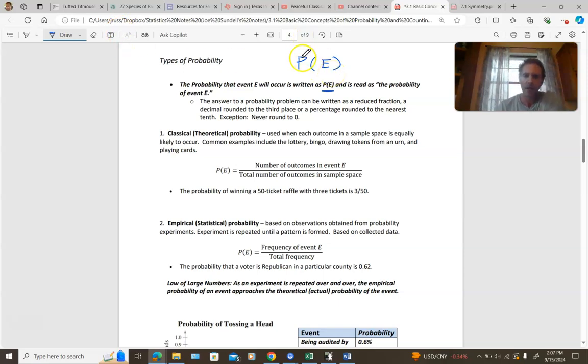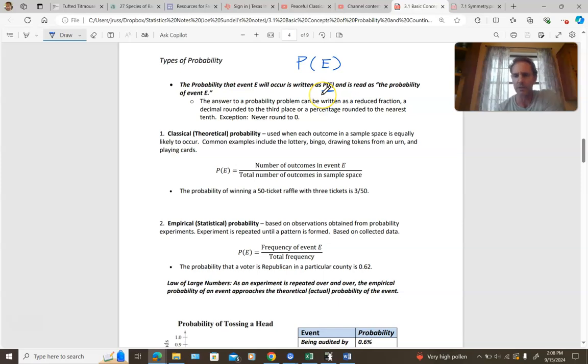So we write it like this: capital E denotes some event that we're interested in finding its corresponding probability, and we write P of E to denote the probability of event E. It's sort of like a probability function: you plug a specific event into that function, and it outputs the probability of that event. We're going to be using this throughout this chapter.